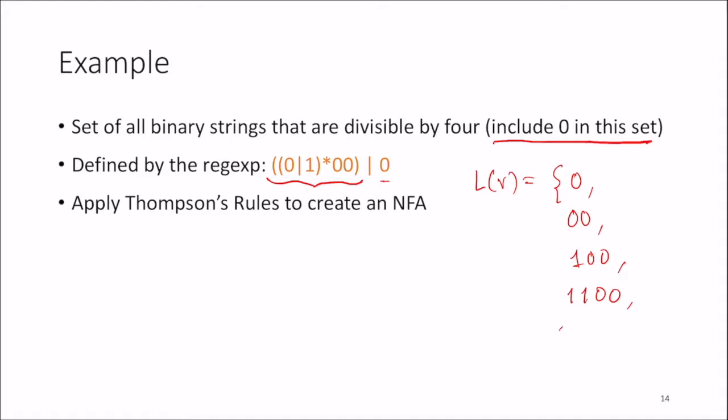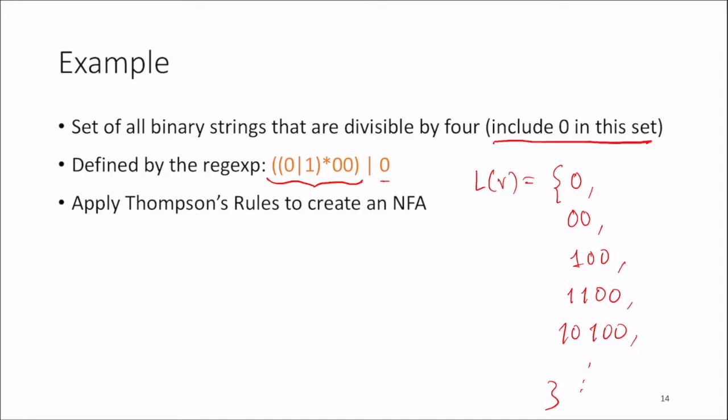It can have 1, 0, 1, 0, 0, etc. If you look at all of the strings in this language and convert these binary strings into decimal, you'll see that it's all of the numbers that are divisible by 4. So, that's just to show you that regular expressions can be used to represent lots of things.